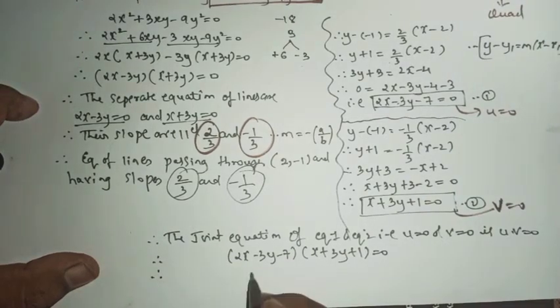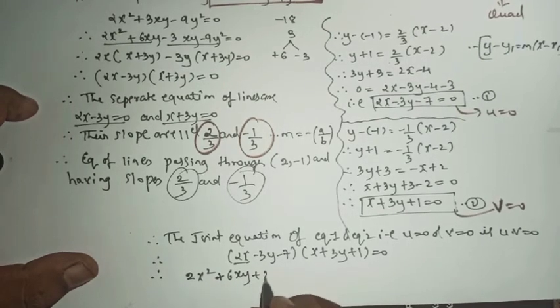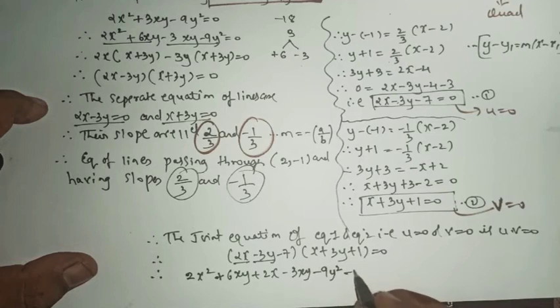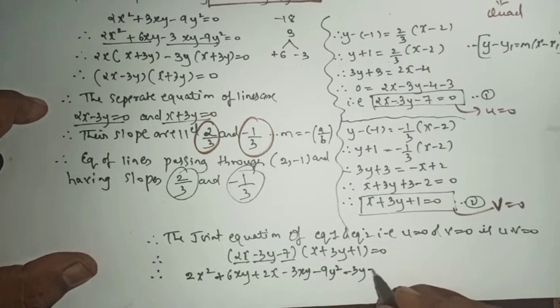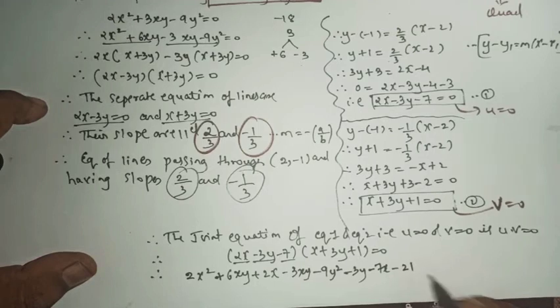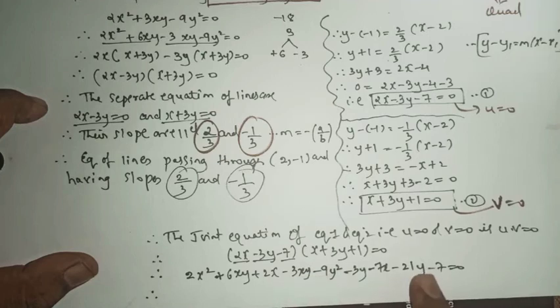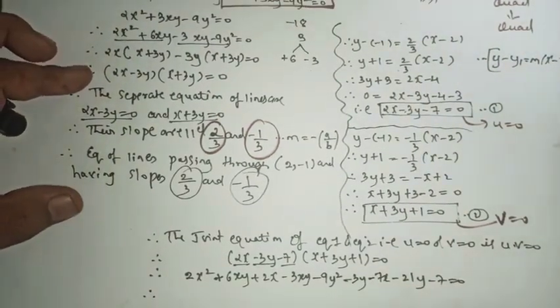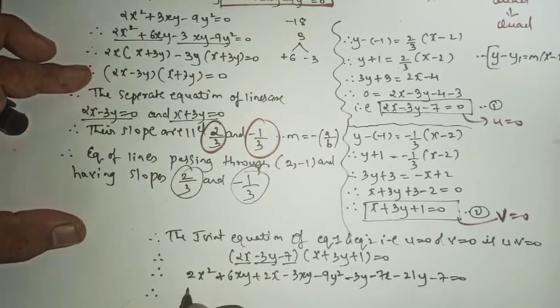So expand the brackets, so you will get 2x square plus 6xy plus 2x. Now with minus 3y, so minus 3xy minus 9y square minus 3y. Now with minus 7, minus 7x minus 21y minus 7 equals 0. So now you will arrange the equation in which form? First you will write what? x square, yes or no?